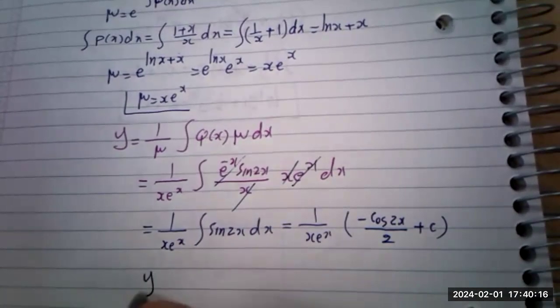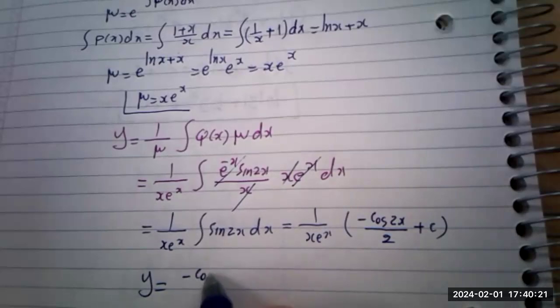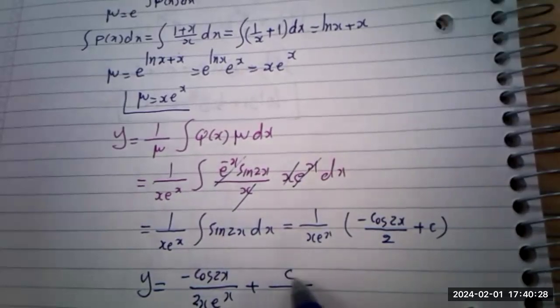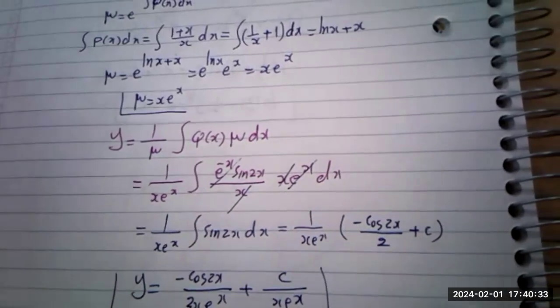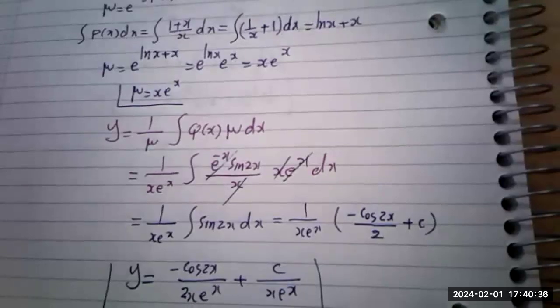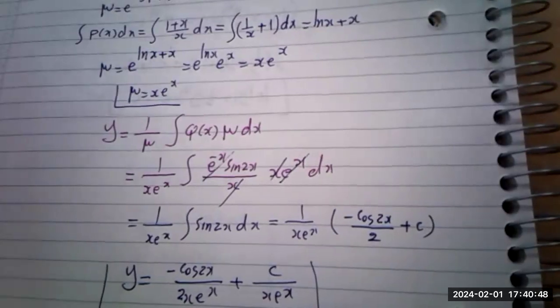You can leave it as is, or multiply it out: negative cosine of 2x over 2x e to the x plus c over x e to the x as the final answer. That's the best case for the linears. Just make sure you divide by x to get the right form. So this one is straightforward for the linear. Any question? So that is the linear equation.